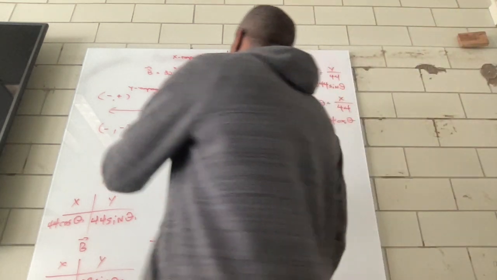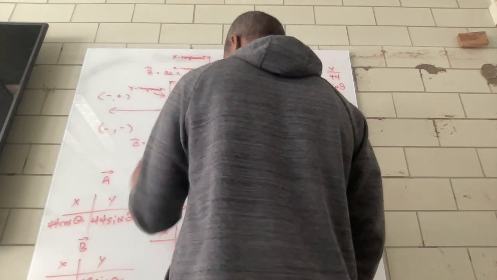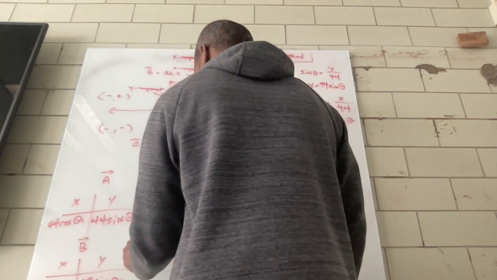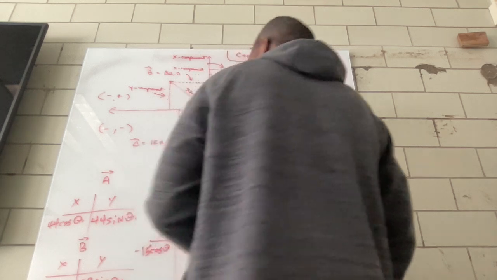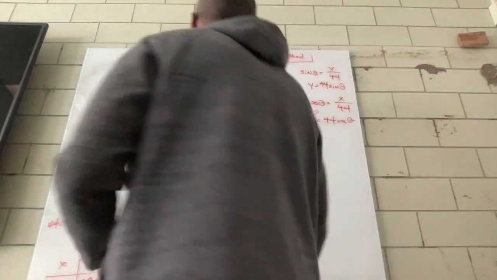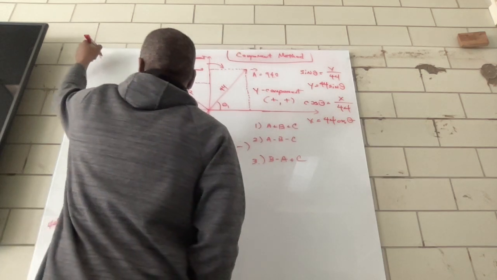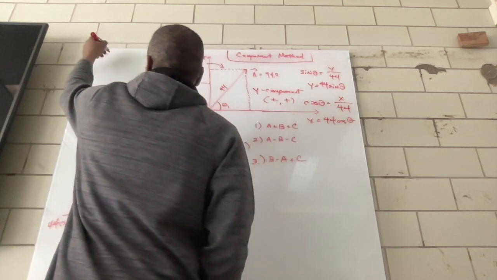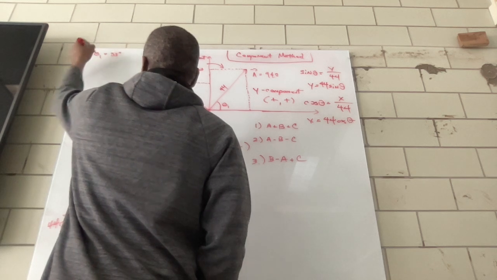And here, right, we're going to have what? 15 cosine theta. And because it's pointing left, it's also negative, right? All right. And so now, let's say theta 1 is 33 degrees.